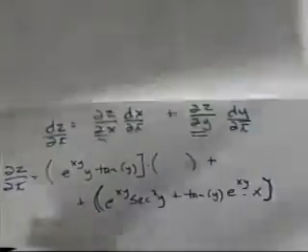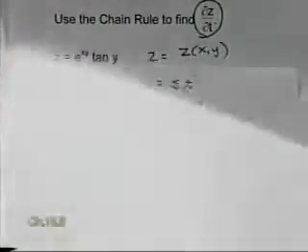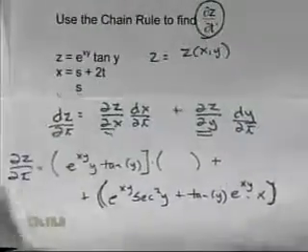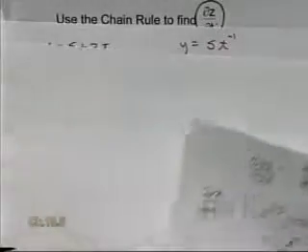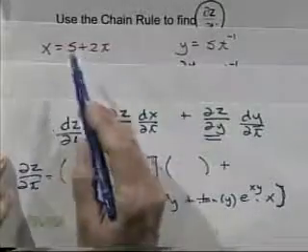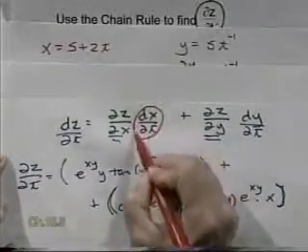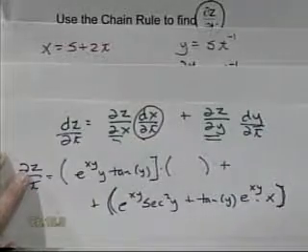Now the only difference is we have here x is equal to s plus 2t. In this instance, what we have left to do is figure out the partial of x with respect to t.